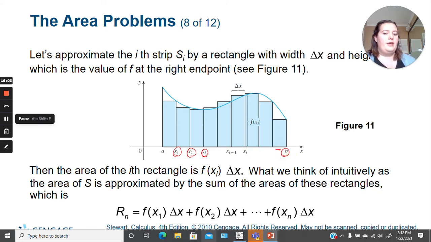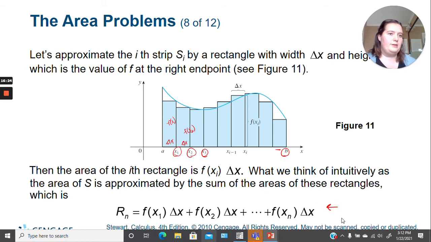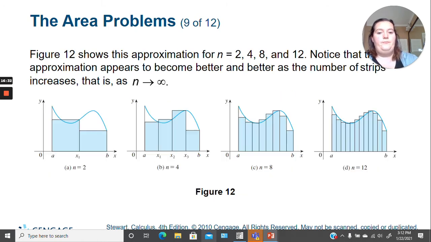So to figure out the area, you would do delta x, so length or base, times your height, and your height is f of that endpoint. For my second one, it's going to be delta x times f of x2, and I would just keep adding this up, and that's how we get this formula. So your right-hand approximation is f of x1 times delta x plus f of x2 times delta x, and you keep going from there.